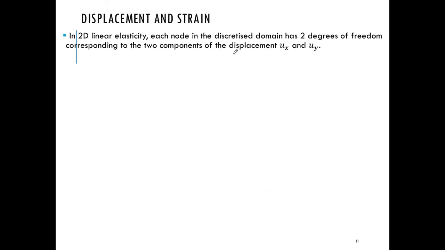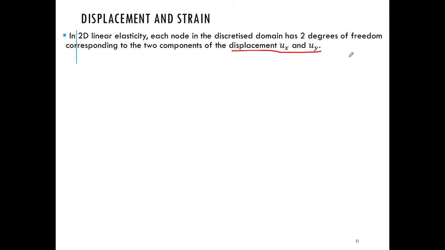In this case, as you recall, our essential variable is our displacement. Now remember that our displacement is a vector, which means it has two components, ux and uy.